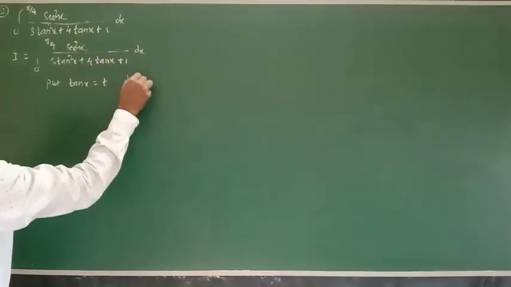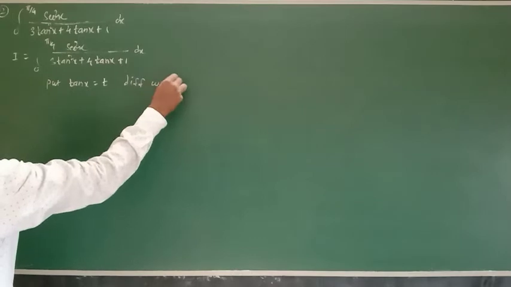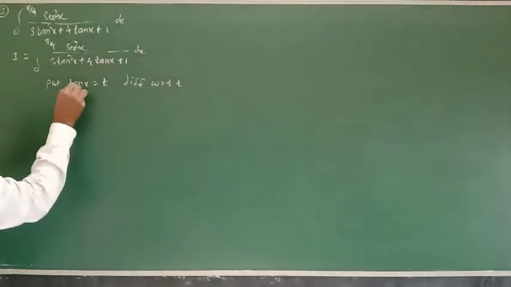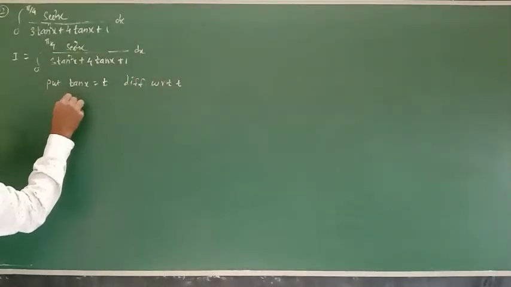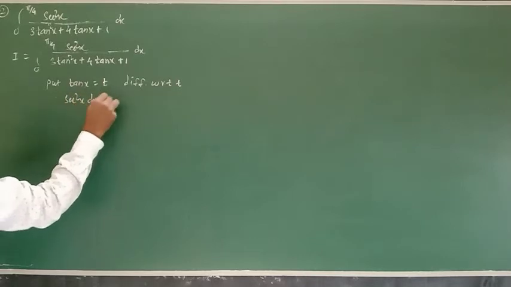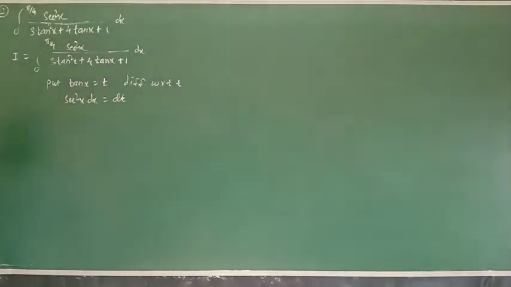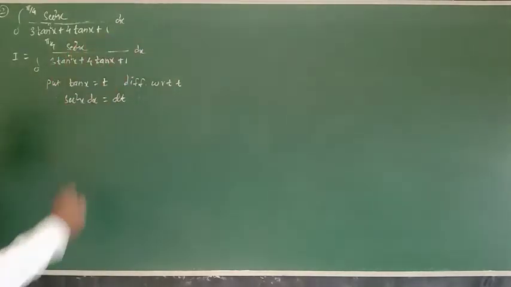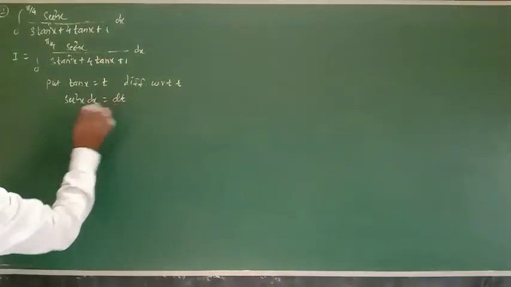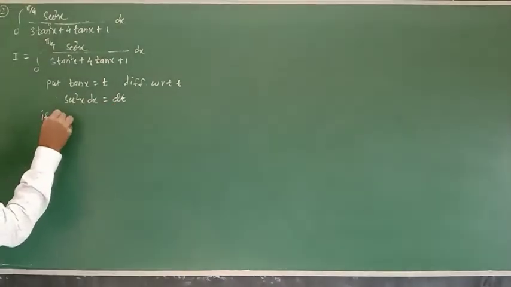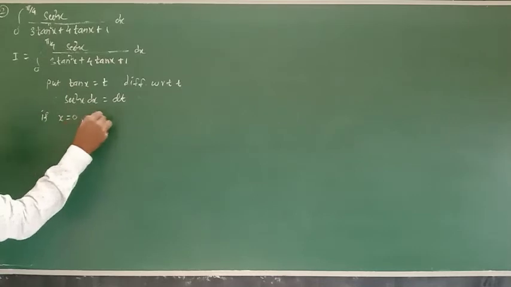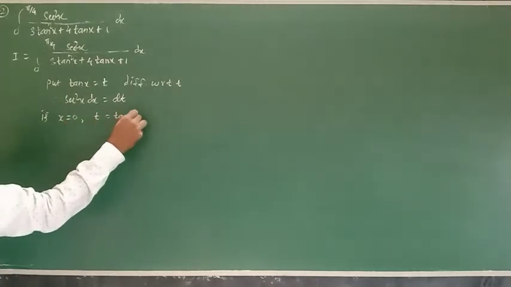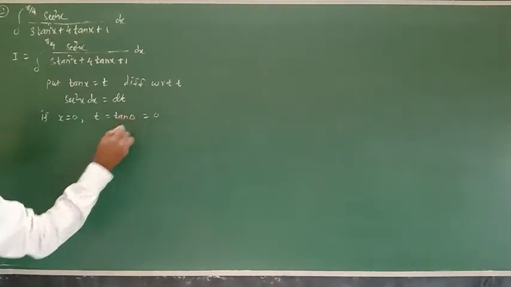Then what do I get? Differentiate tan x is equal to t. What is the derivative of tan x? It is sec square x dx, and you are getting dt here. So the numerator sec square x dx will be equal to dt. And if x is equal to 0, then t is equal to tan 0, which is 0.